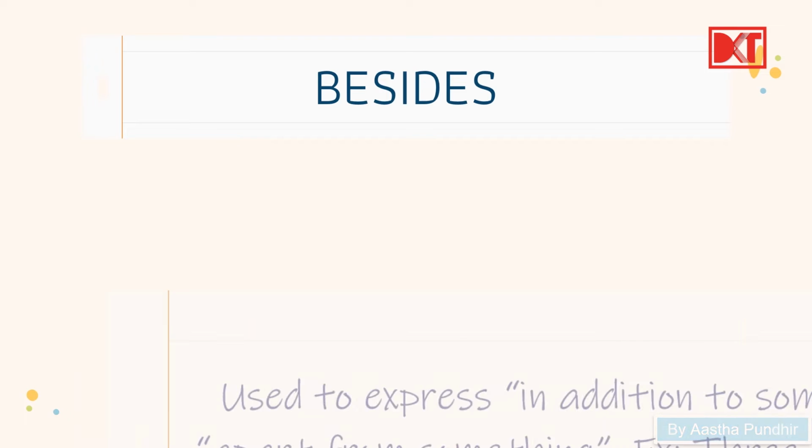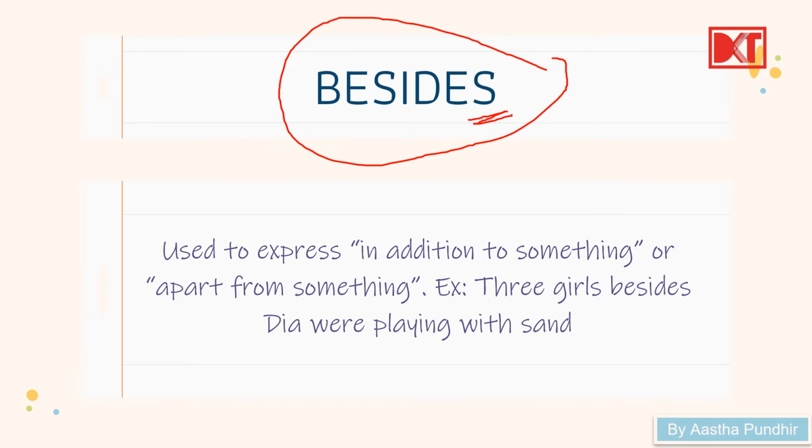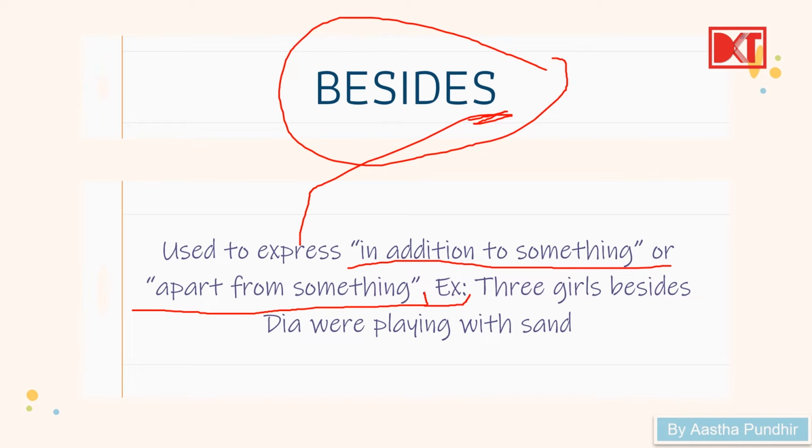Next preposition, besides. B-E-S-I-D-E-S. Earlier was beside, this one was besides. Let's see where this is used. Used to express in addition to something or apart from something. मतलब, 3 girls besides Diya were playing with sand.